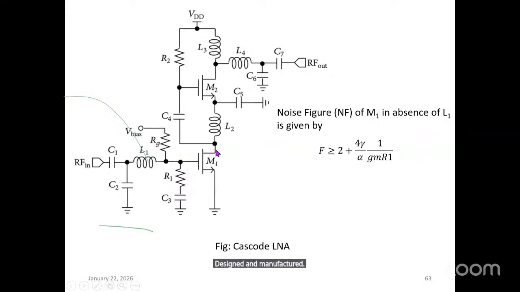Therefore, if M1 and M2 are made up of FinFETs, graphene devices, or HEMTs, high electron mobility transistors, then definitely the LNA can have very low noise, a good noise figure, and will have a very high bandwidth also.